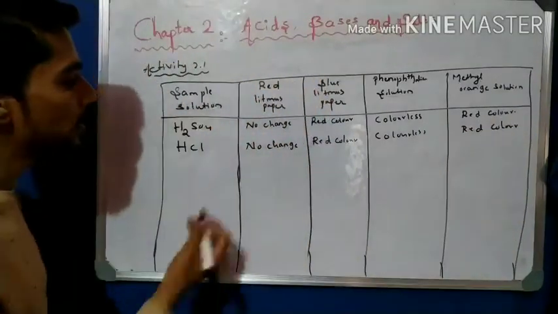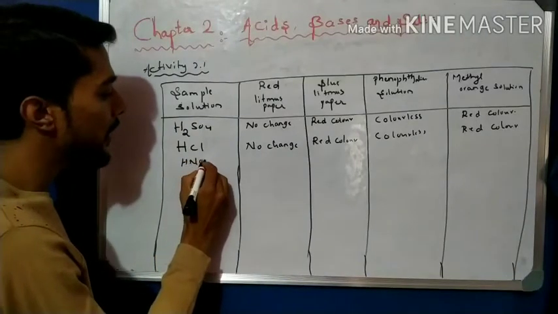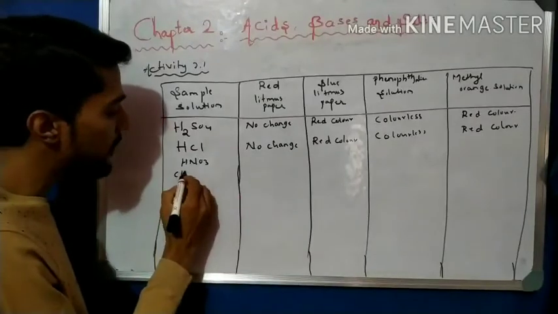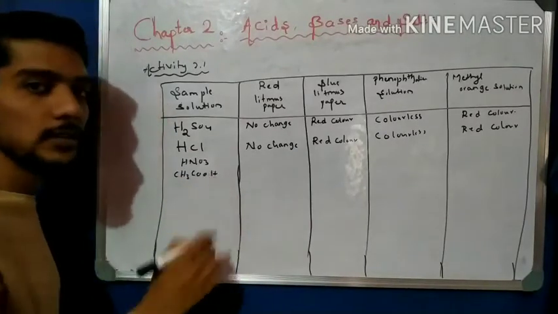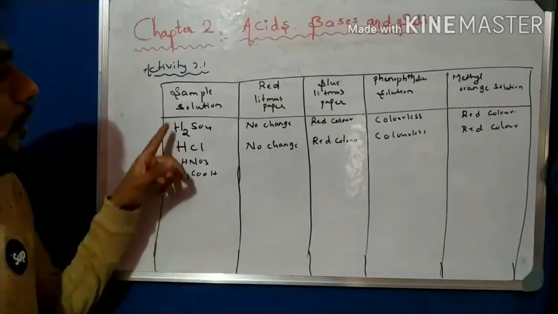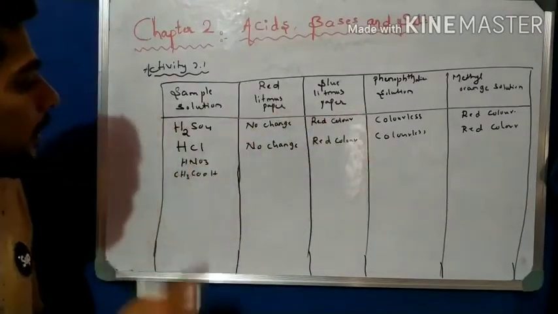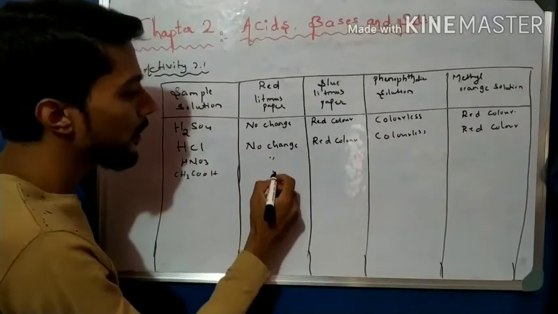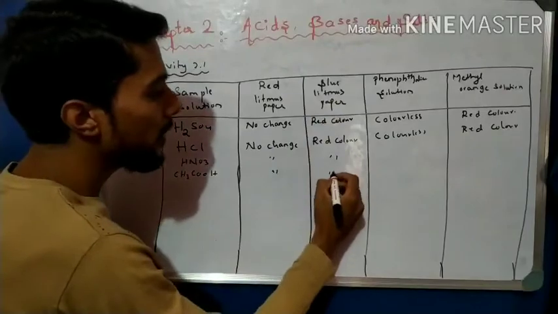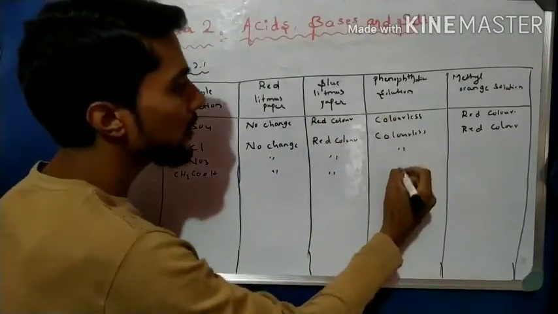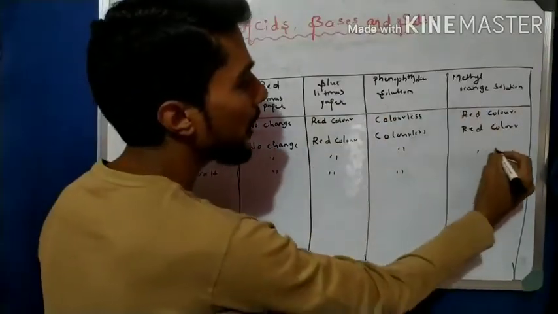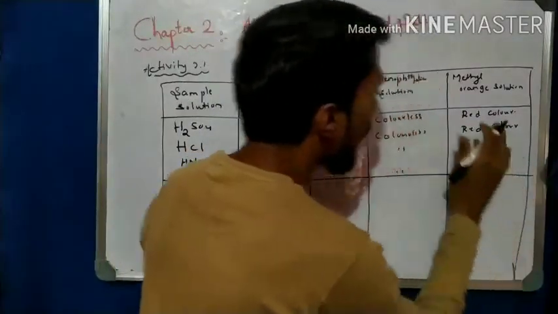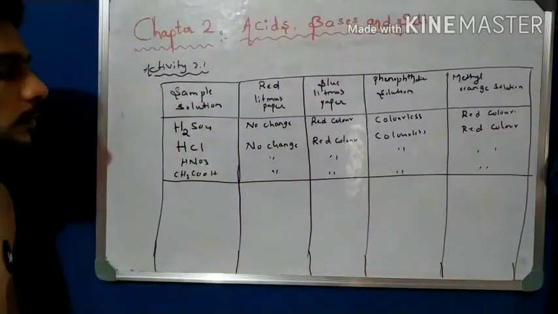Next is nitric acid; follow the same process and write the observations. For acetic acid, CH3COOH, the observations are the same. This is an acid, this is an acid. For acids, red stays red, blue turns red, phenolphthalein is colorless, and methyl orange is red. So in this category, all these observations are about acids.